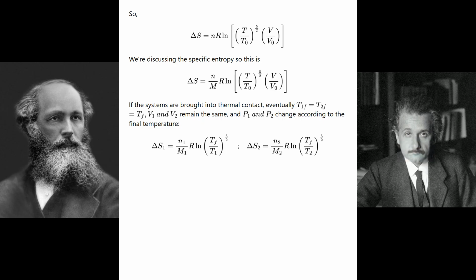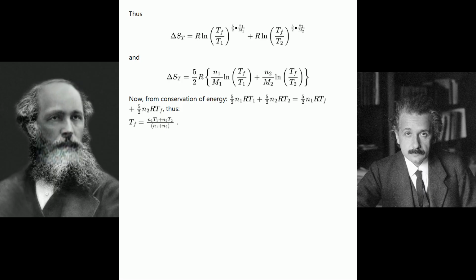See the next equation. If the systems are brought into thermal contact, eventually T sub 1F equals T sub 2F equals T sub F, V sub 1 and V sub 2 remain the same, and P sub 1 and P sub 2 change according to the final temperature. See the next equation. Thus, see the next equation, and see the next equation.